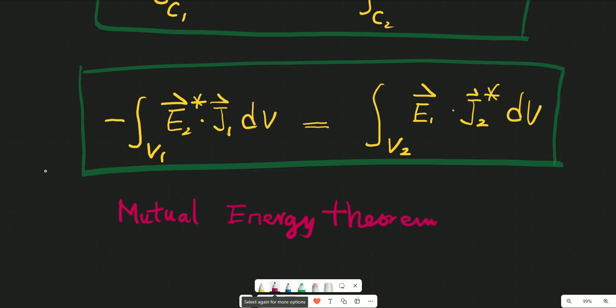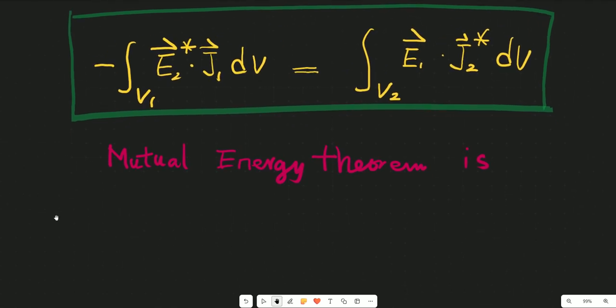So we found the mutual energy theorem is energy conservation law.